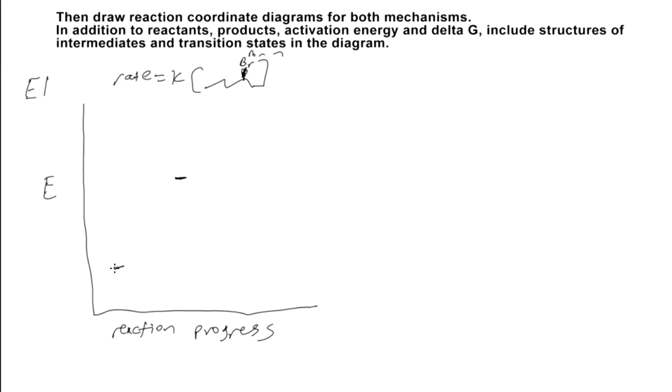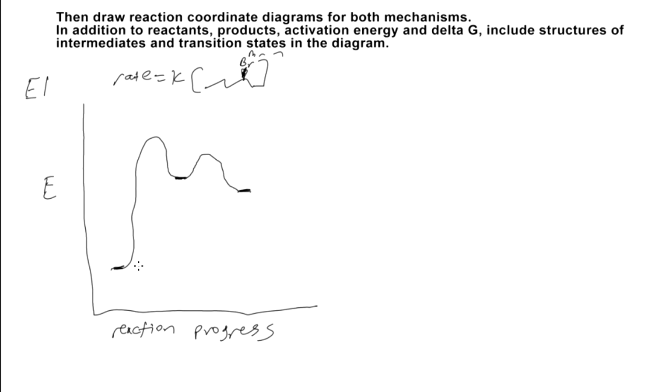Our reactants are going to be lower energy than our products, and drawing in that line here, one transition state, down to the intermediate, the transition state, down to the higher energy products. This line is a little bit shaky, but you get the idea. We go from low energy to an intermediate that's a little bit lower, go up again, and then we go down to our products, which are actually higher energy than our initial reactants.